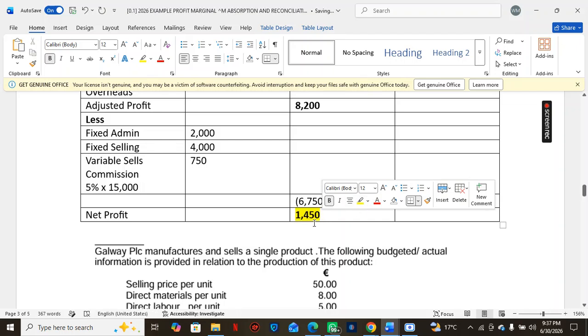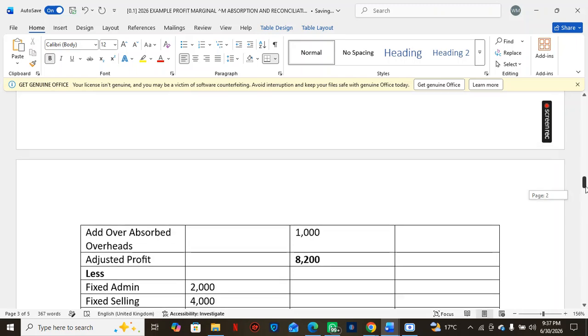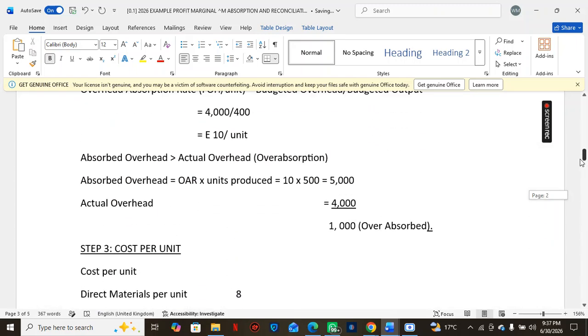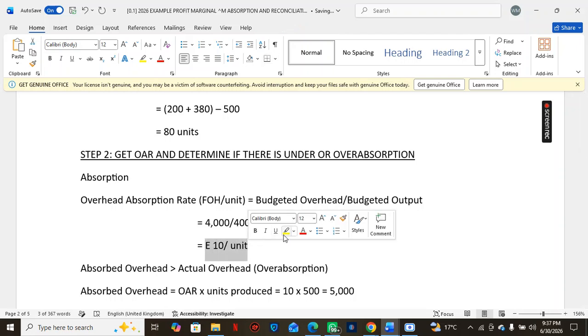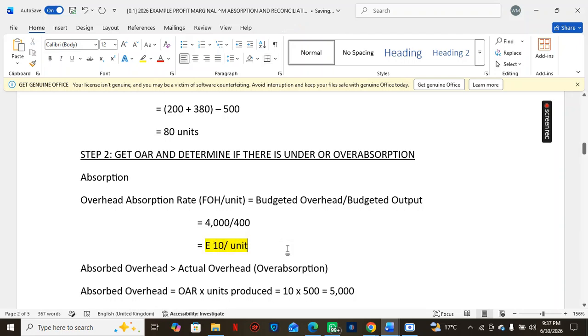Our fixed overhead absorption rate was 10 euros per unit.